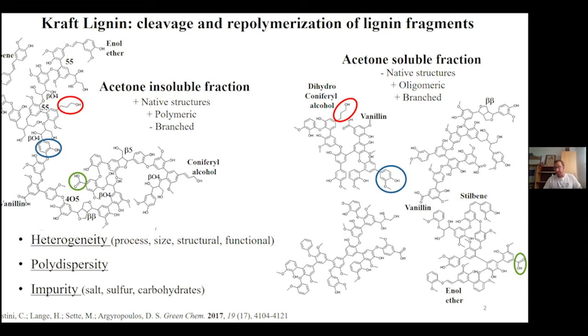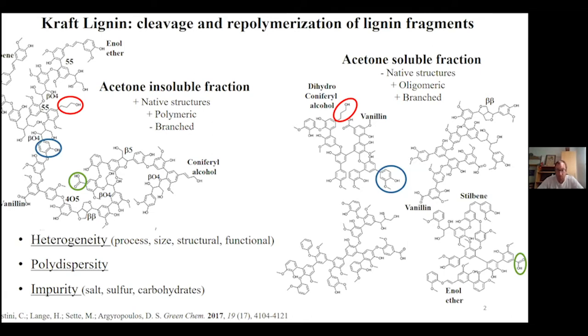The structure of Kraft lignin remains still today a topic of debate due to notorious heterogeneity. As a consequence of the main reaction occurring during pulping and also the Kraft process itself, Kraft lignin structure can be defined as a result of cleavage and repolymerization of lignin fragments.